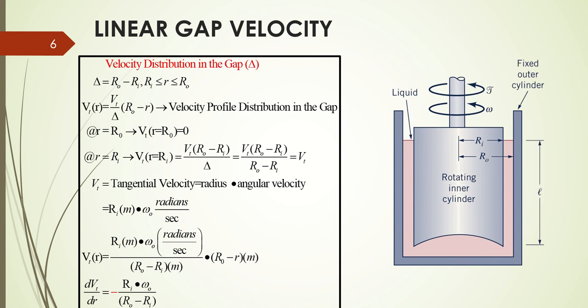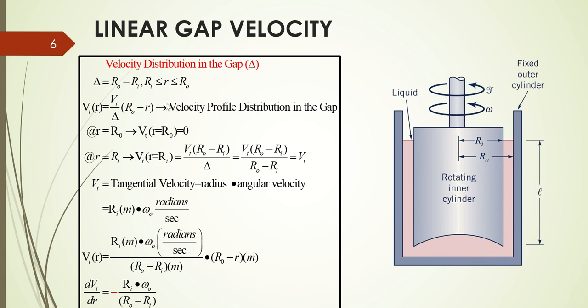So let's also now look at the linear gap velocity. Our goal is to find the velocity distribution in the gap delta. I know that delta is the difference between R0 and R sub I, and I know that the value of R is bounded between the inside radius R sub I and the outside radius R naught.